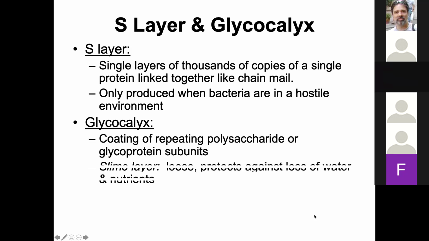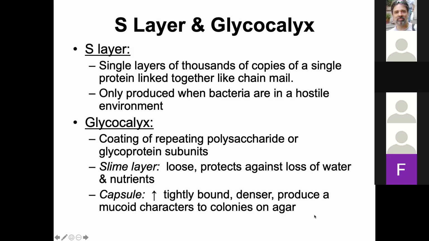Well, the glycocalyx is a polysaccharide layer. Sometimes there's glycoprotein that aids in things like attachment and recognition, right? Sometimes there is a looser layer called the slime layer that can protect against loss of water and nutrients, and can also provide a degree of protection against immunity for the bacterial cell, because it makes it difficult for the white blood cell, say, to grip the slime layer.